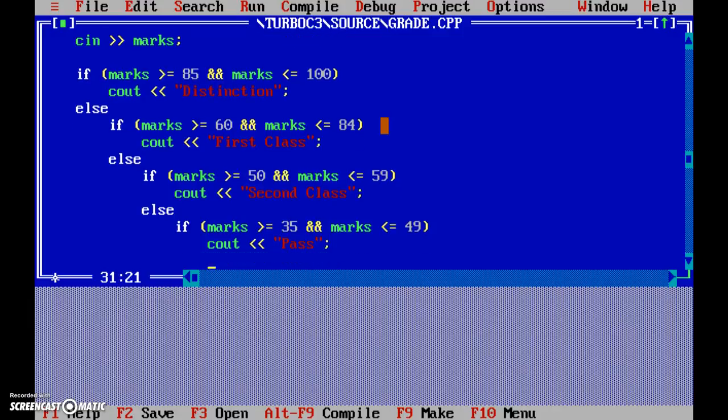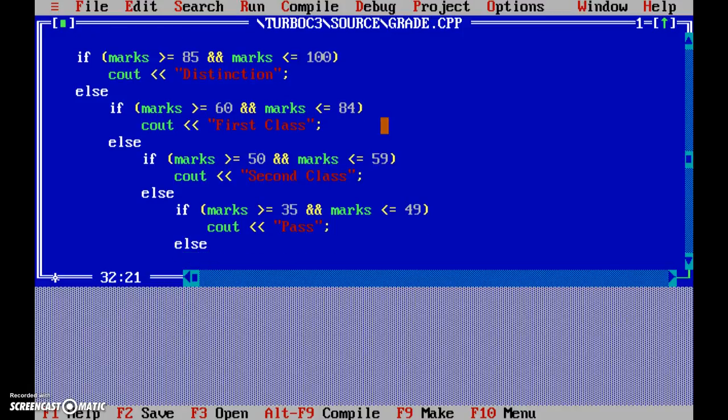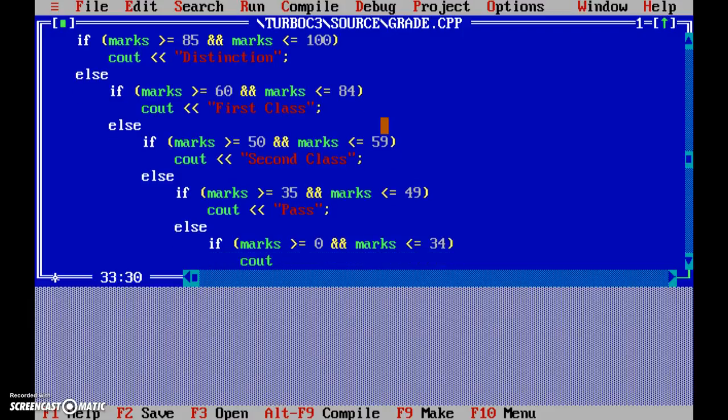Okay, else, else what happens? Can we put it as fail? No. Again we have to check, because if he has entered more than 100, that is also a check we have to make. So if marks is greater than or equal to 0 and marks is less than or equal to 34, then cout fail.